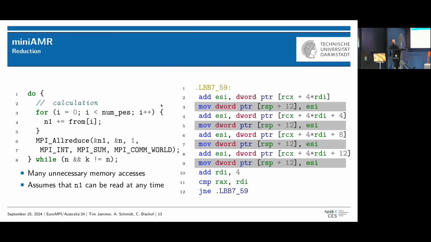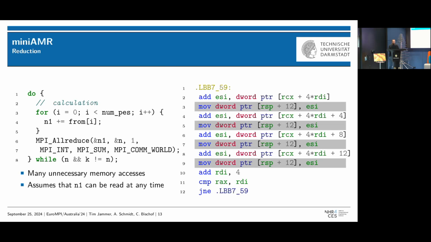And so on, because maybe the MPI library has kept track of N1, maybe it has the pointer of N1 and it is querying the pointer over and over again in order to do some event if N1 gets larger than 10, whatever. In this case, the compiler needs to write the value of N1 back into memory every time, because maybe the MPI library is reading that value in between.